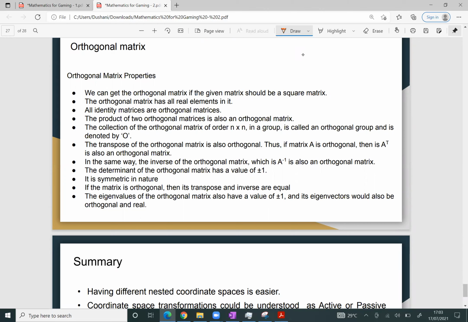A square matrix with real numbers or elements is said to be an orthogonal matrix if its transpose is equal to its inverse matrix. Or when the product of a square matrix and its transpose gives an identity matrix, then the square matrix is known as an orthogonal matrix.